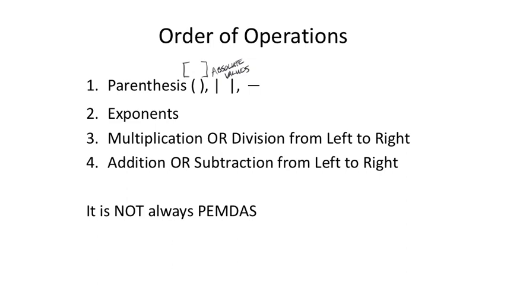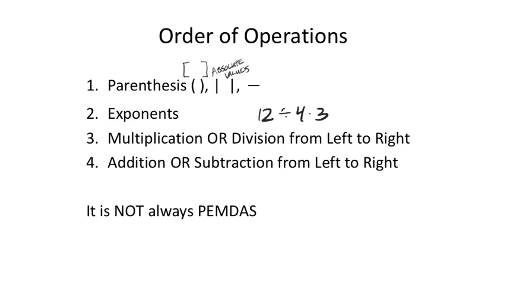And this is where PEMDAS becomes a little wishy-washy, because notice it's an or statement here. So a multiplication or division from left to right. So just expect this because it almost always happens on some kind of exam. They're going to do something like, 12 divided by 4 times 3.